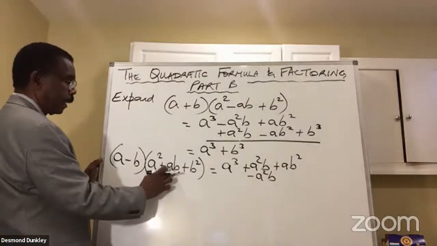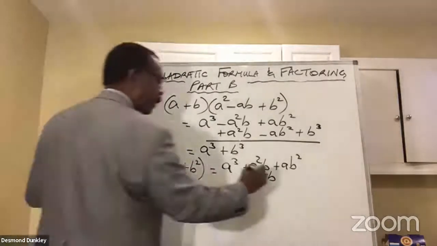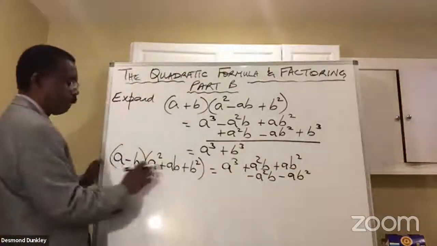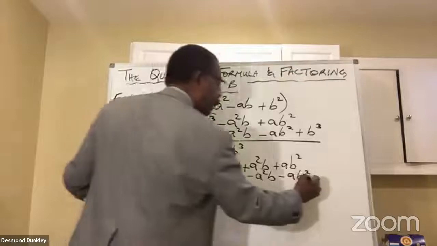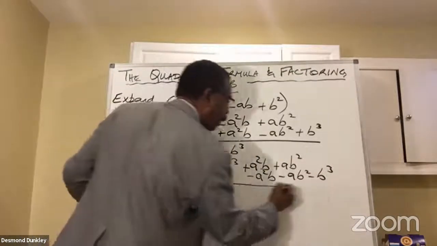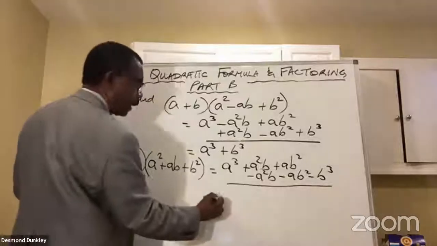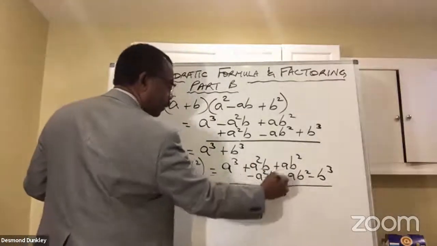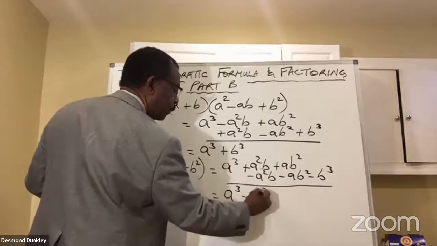Negative b times positive ab is negative ab squared. And negative b times positive b squared is negative b cubed. Simplify, we end up with a cubed, this cancels, this cancels, minus b cubed.